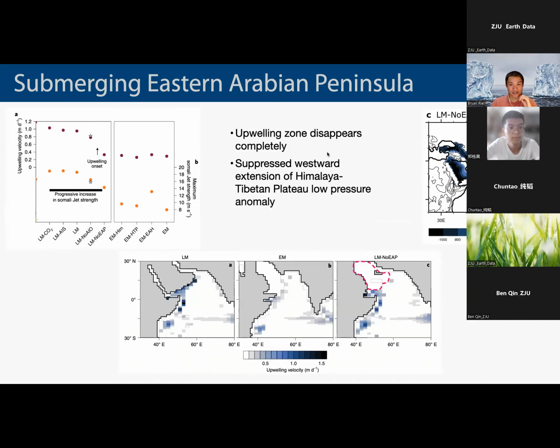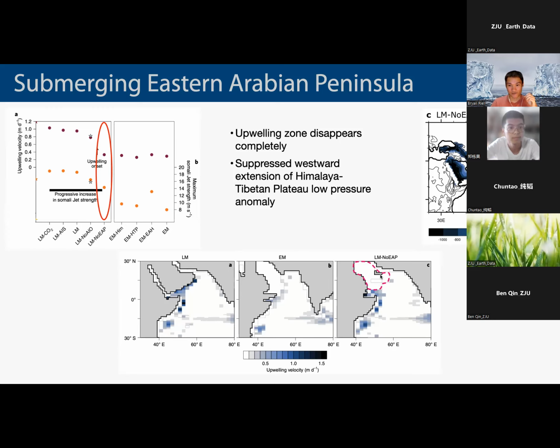But the really big effect here is that if you submerge the Eastern Arabian Peninsula, basically you take away this whole piece of land as if it never existed, then the upwelling velocity drops significantly. So it essentially looks just like the early Miocene simulations.